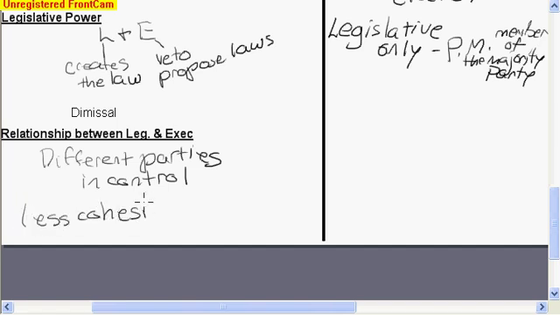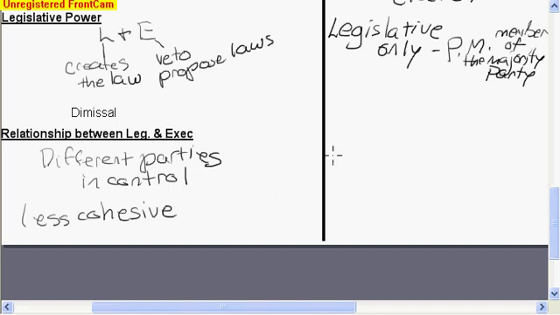Because you can have a president that is a Democrat, and you can have the legislative branch, either the House of Representatives or the Senate, that is Republican. And so because of that, there's a lot more opportunity for divisiveness and lack of compromise in a presidential system.